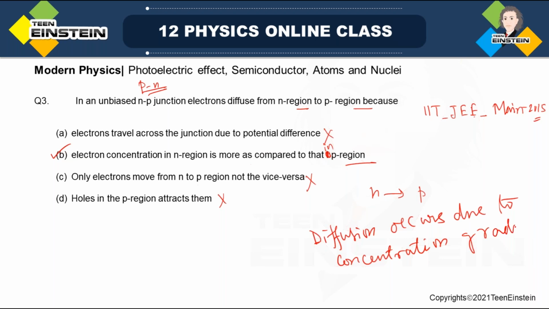So that's why the second option is correct.